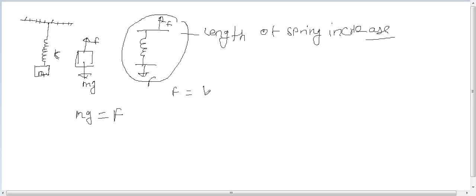F is equal to K into change in length. So the change in length is equal to mg by K, and the length of the spring is going to increase by this amount.